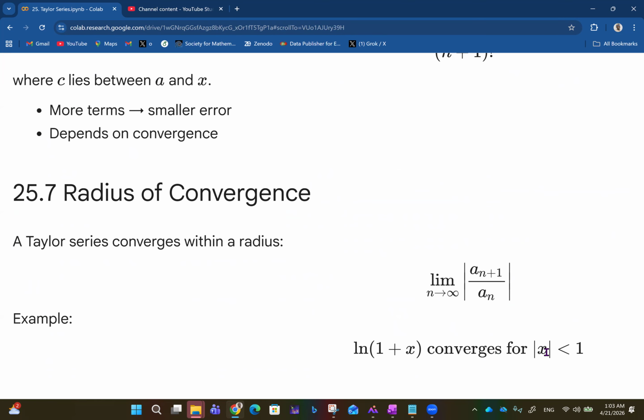So you can rewrite this as the summation from n equals 1 to infinity of (-1)^(n+1) over n, then x^n is isolated, because at the end of the day, all we need is this part.